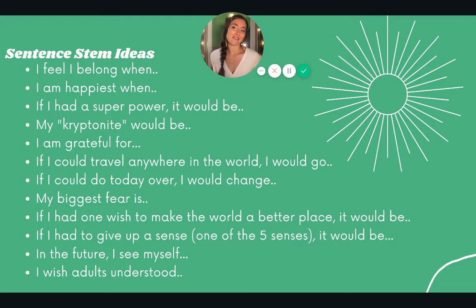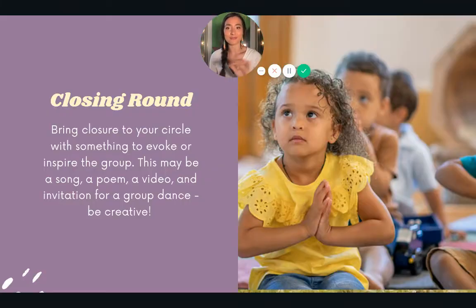I love these things like if I had a superpower, it would be, or my kryptonite would be, is this way of talking about these parts of us where we have strength and then these parts of us where we could grow. Allowing kids to open up around our biggest fears, wishes to make the world a better place. And a really powerful one that I've done with kids a lot, particularly teenagers, is I wish adults understood. So the sky is the limit with these sentence stems. You can frame them and work them into themes that suit your group and suit your purpose.